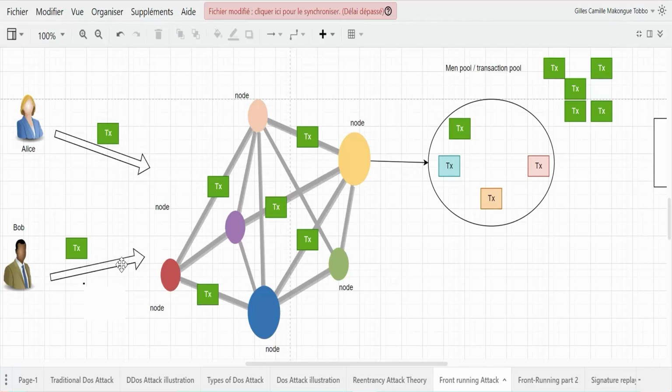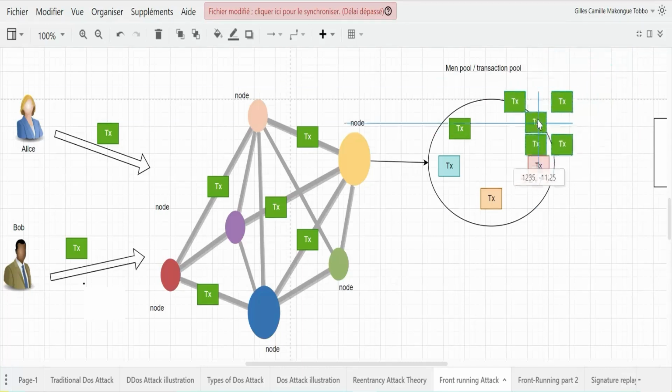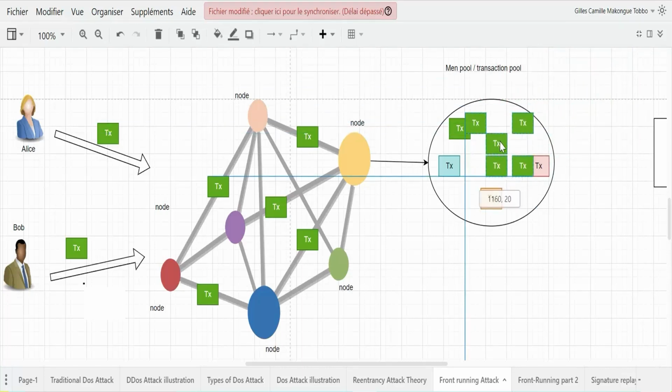What is going to happen is that all these transactions they are sending are going to go to the mempool, okay? Because the blockchain cannot process all these transactions at once. These transactions that you can see here are going to get into the mempool.